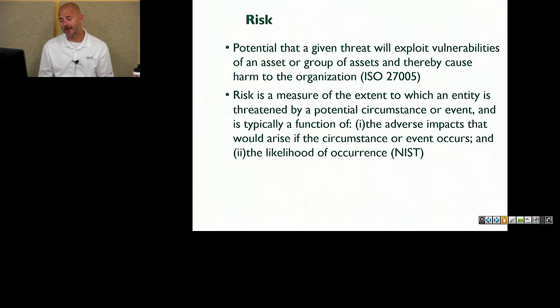So it's taking into account both likelihood and impact in the definition, whereas in the ISO term, it's implying that you're talking about the threat and vulnerabilities of an asset or group of assets and thereby cause harm to the organization. It is implying that they've already taken into account the impact and the likelihood.